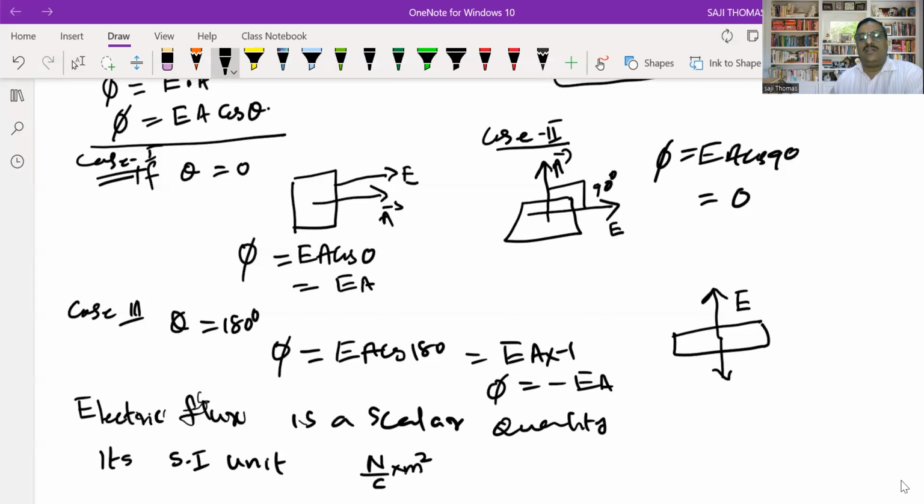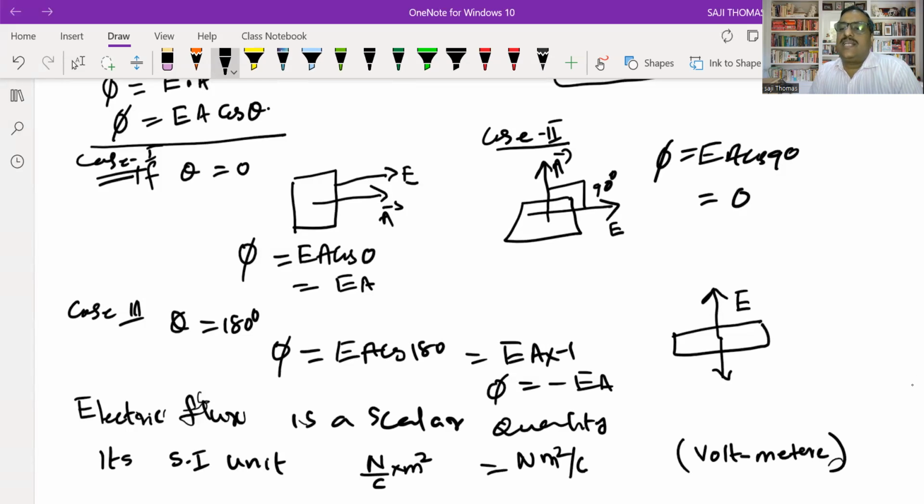Area is meter square. So its unit is Newton meter square per coulomb. There is another unit called volt meter. Remember, electric flux is a scalar quantity, and its unit is volt meter. So electric flux depends on area and electric field, right?